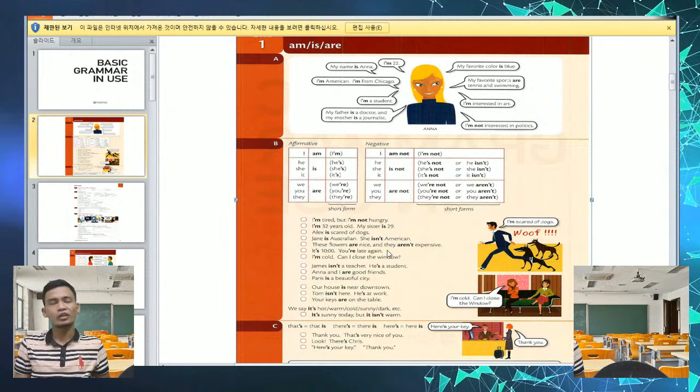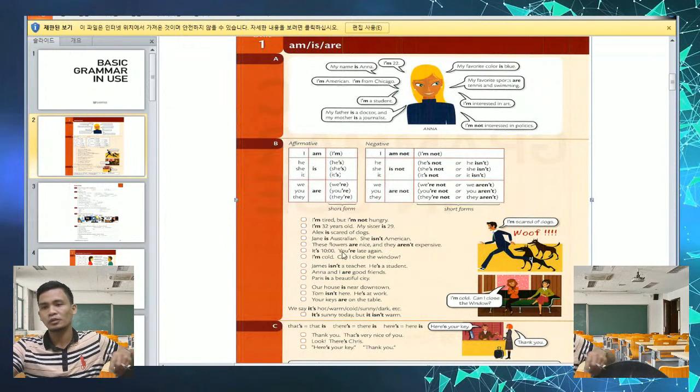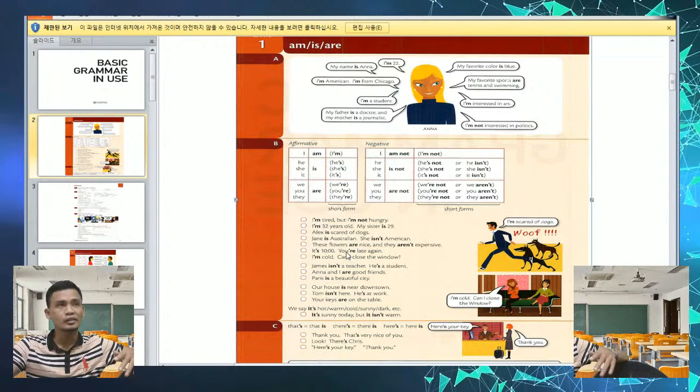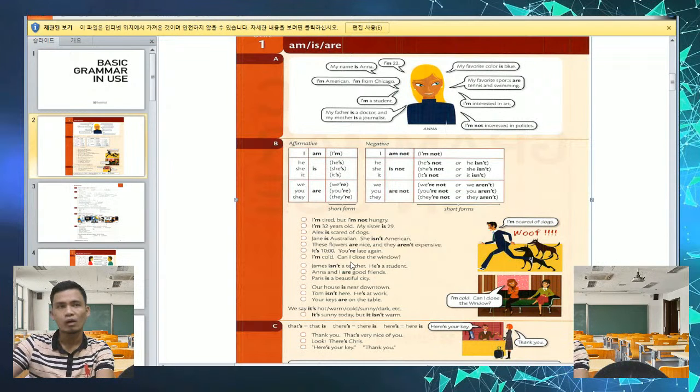She isn't American. The first part is affirmative, and the second sentence is negative: she is not, or she isn't, American.